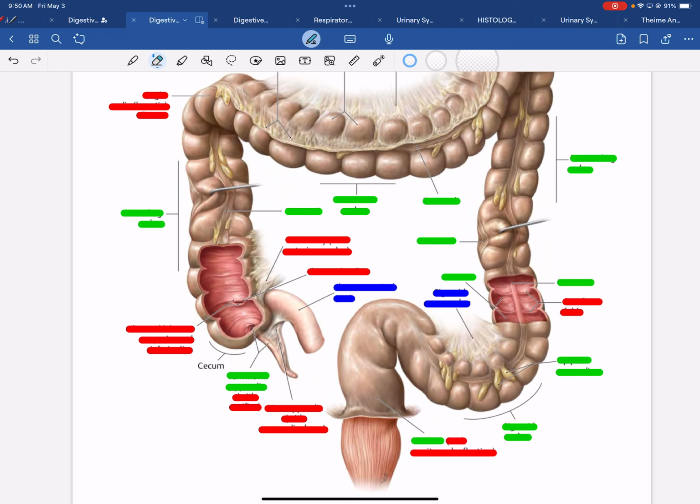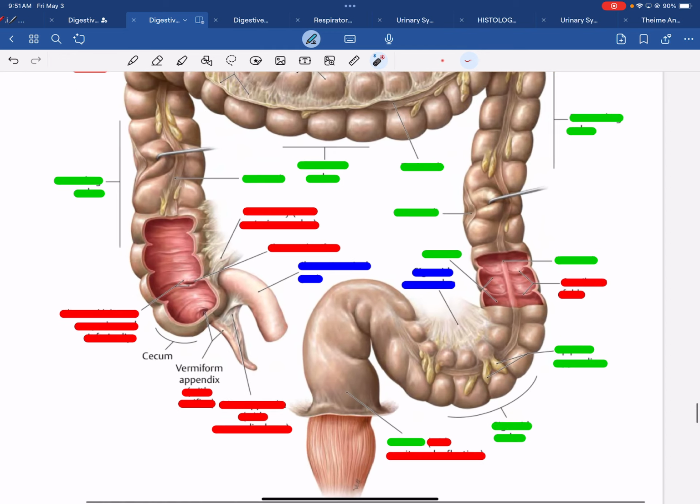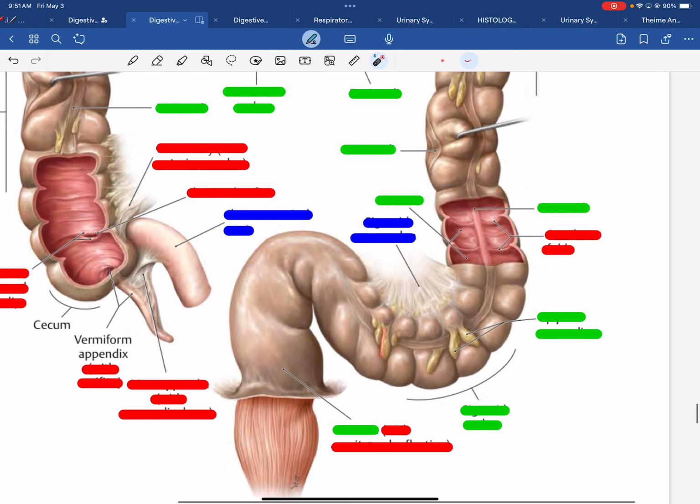Good, the vermiform appendix. We have to say vermiform because this word means worm-like. Appendix just means something that's hanging off, right? So this is some worm-like thing that's hanging off, but then you have these things that are also hanging off of the large intestine. So which appendices or appendages are these?